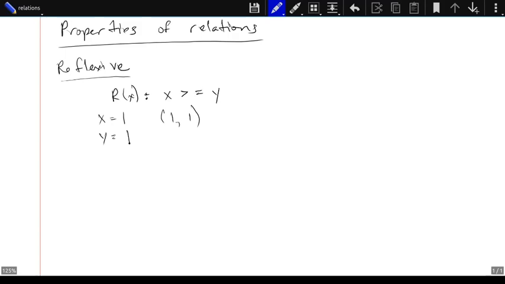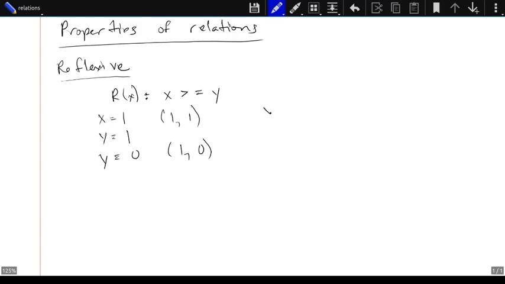Now we also get some other pairs that are formed by this relation. For example, 1 is also greater than or equal to 0. So in this case, we could have y equals 0, and 1, 0 would also be a pair defined by this relation. We can think of any number for x, and we can always find multiple y's for which this relation holds true.